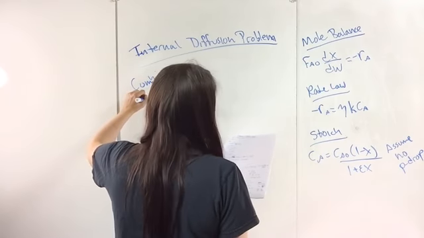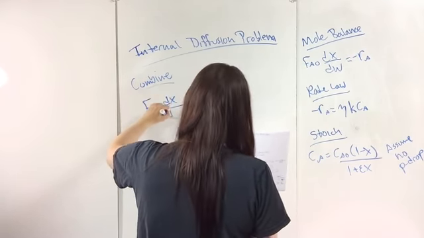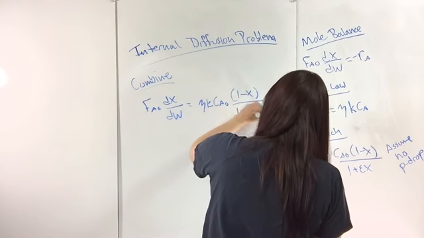So combining this, we get FA naught dX/dW is equal to, and then we just plug the rate law in, so (1 minus X) over (1 plus epsilon X).